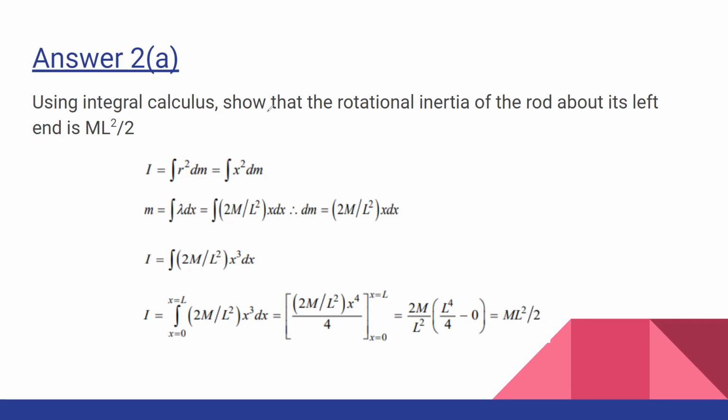So I is basically the integral of r squared with respect to mass. And here r, your distance, is the same thing as x, the distance from the center of rotation your point is at.